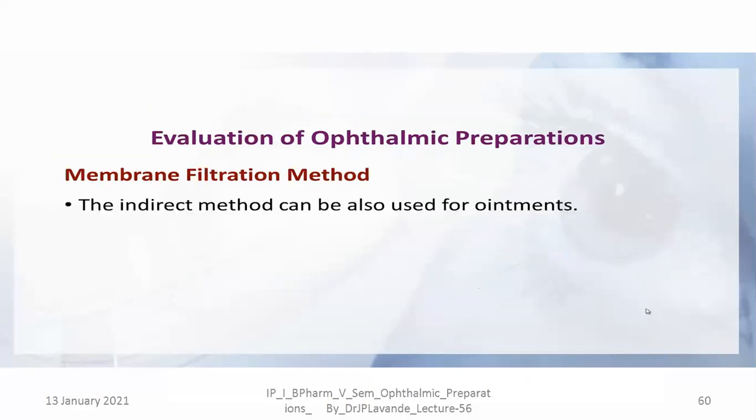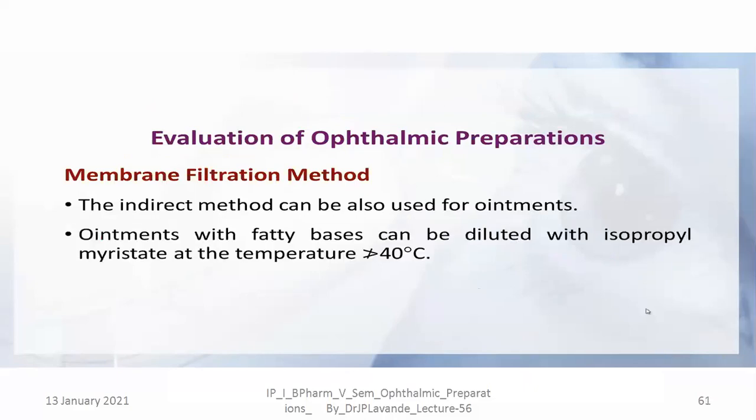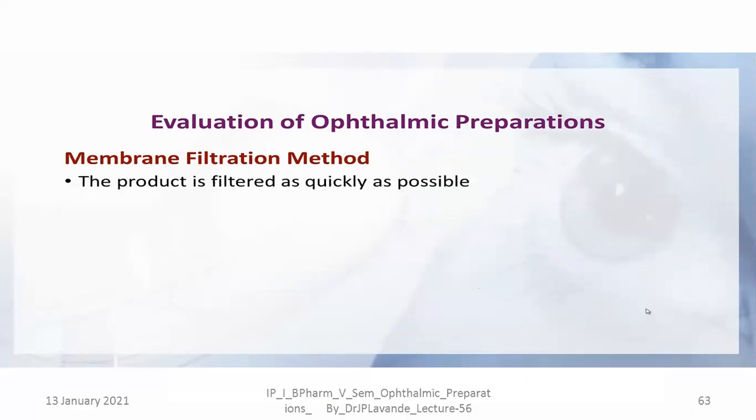The indirect method can also be used for ointments. Ointments are products with fatty bases, so they need to be diluted with isopropyl myristate at a temperature of not more than 40°C.